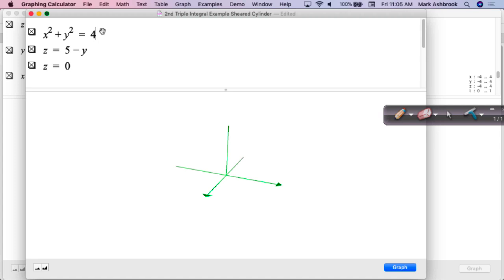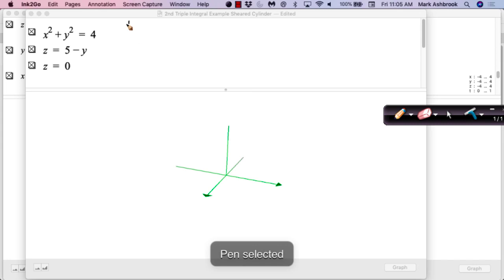When you're doing your homework, you don't have the fancy pictures. You have to have some ability to sketch and see. So sketch the solid and see if you can set up type A2.